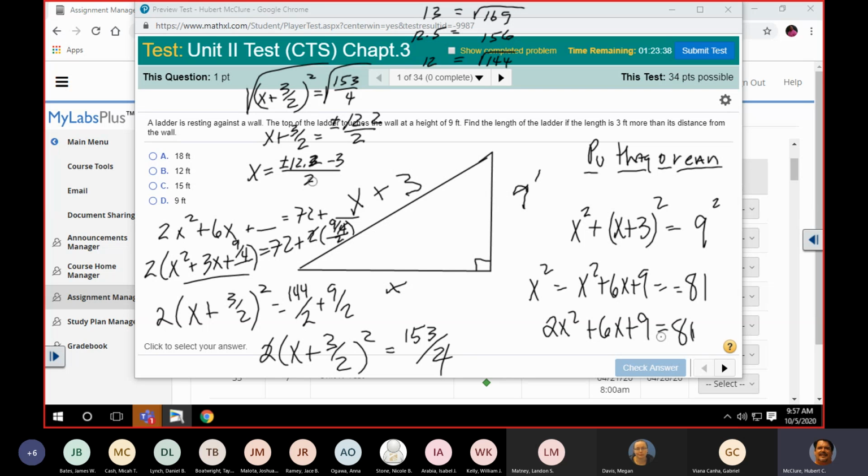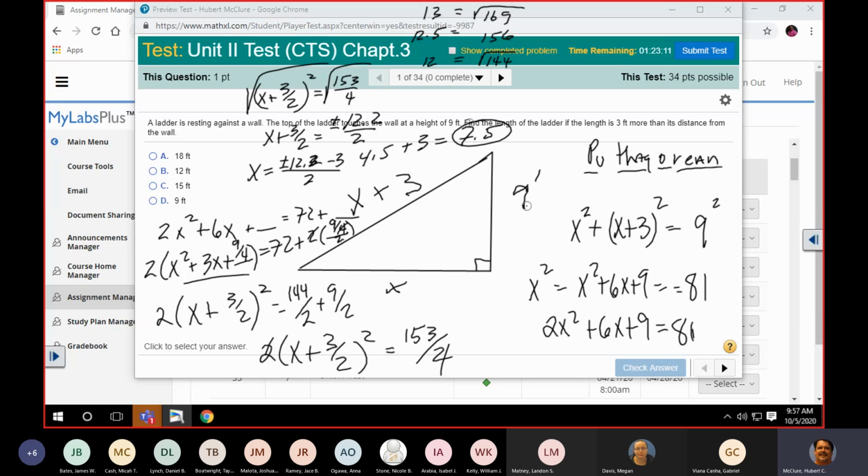I've got an error somewhere. 9 divided by 2 is 4.5. 4.5 plus 3 is equal to 7.5. So I might want to say 9. I may have an error in there somewhere.